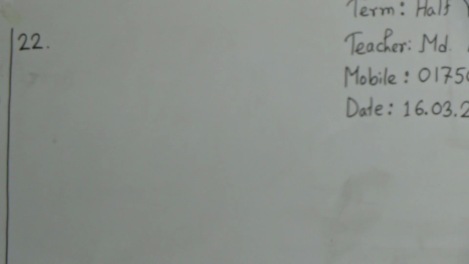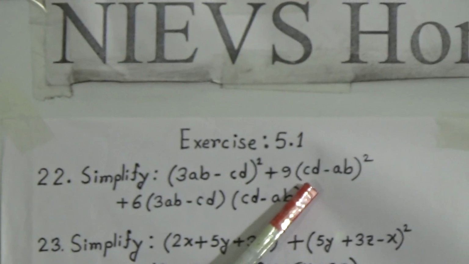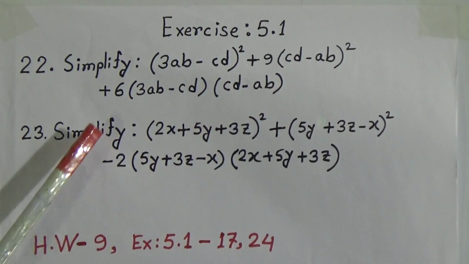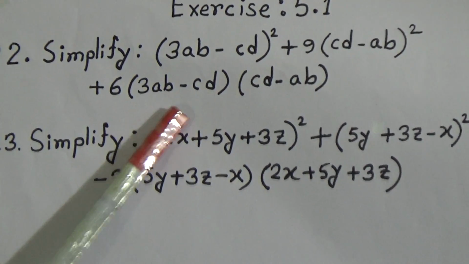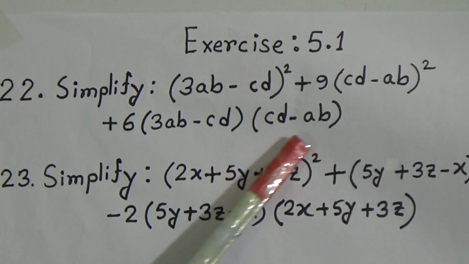We need to simplify again. Look, we need to simplify 3ab minus cd whole square plus 9 into cd minus ab whole square plus 6 into thrice ab minus cd into cd minus ab. First of all, we need to write down this expression.